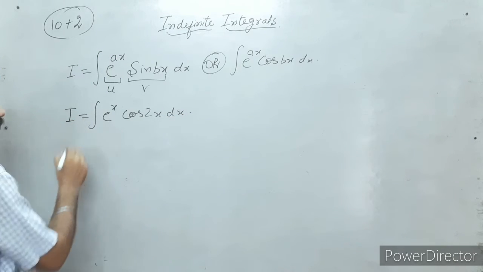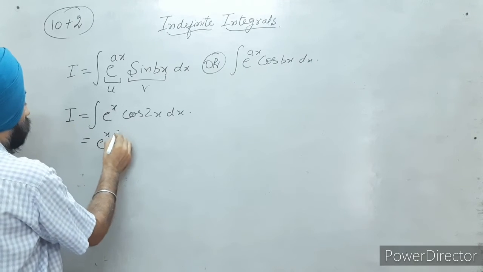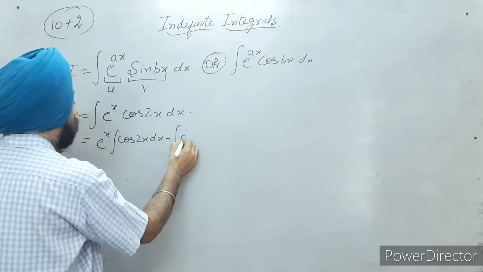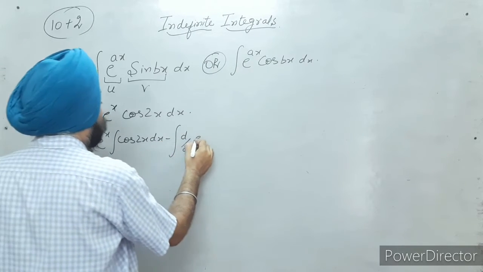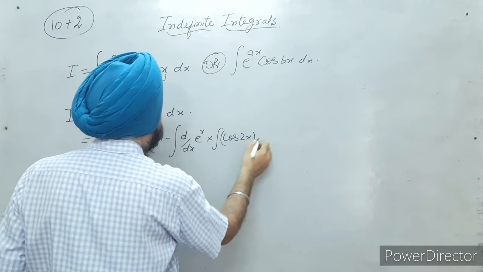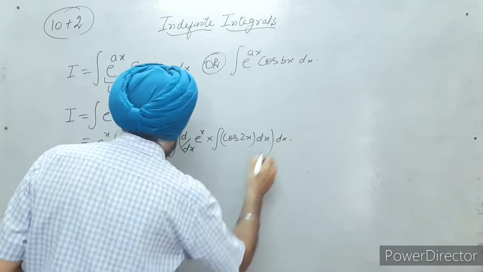Let this be equal to I. Now this is first function, integral second minus integral derivative of first into integral of second. Its whole integral is there, so I write dx.